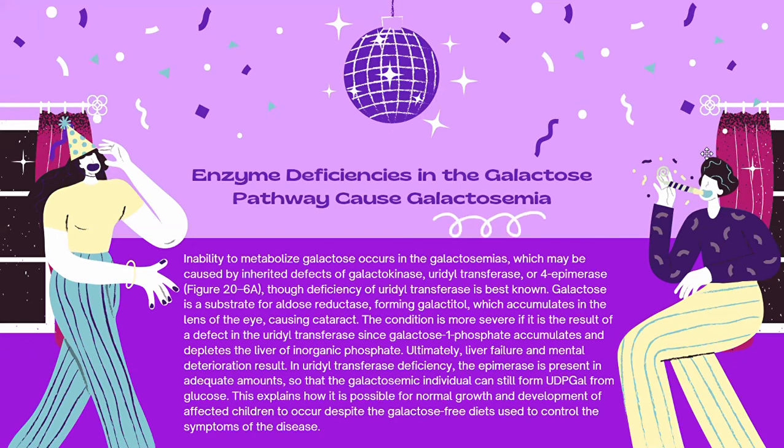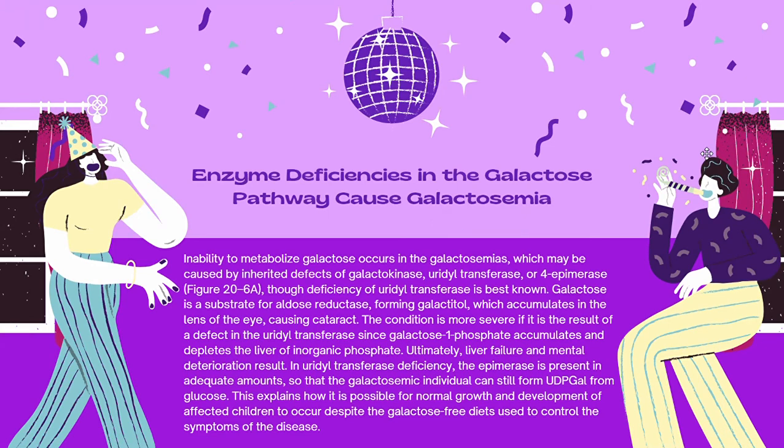For galactose it is galactitol, because you also have your aldose reductase, which reduces galactose into galactitol. And it's the same thing with sorbitol. It can also be a nidus for cataract formation in the lens. So you will also have cataract, but this time it is not sorbitol but galactitol.